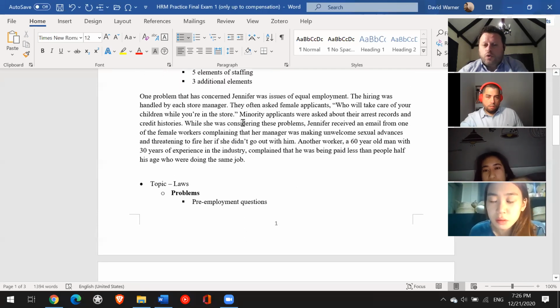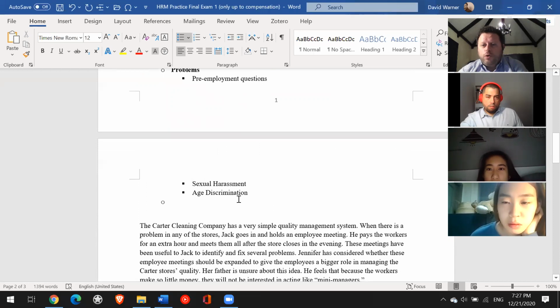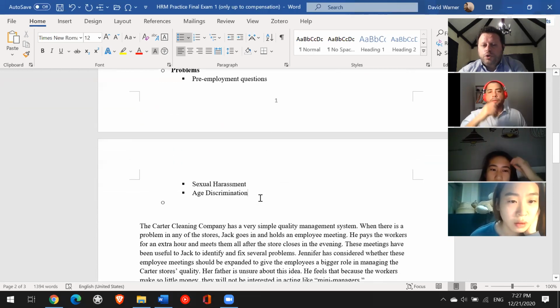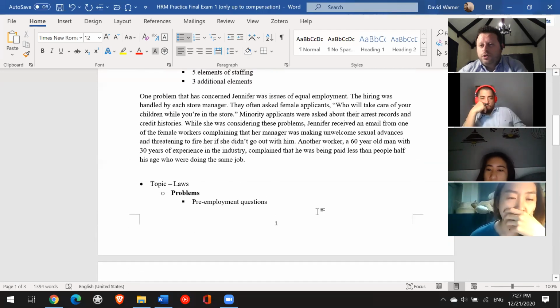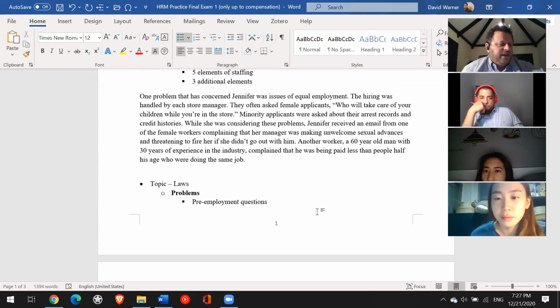Now, other people could organize it differently. Other people might organize it by chronological laws. And they might say the first law was the Discrimination Act of 1890, whatever. And the second law is the Equal Pay Law of 1963. And the next one is Title VII of 1964 with the EEOC.